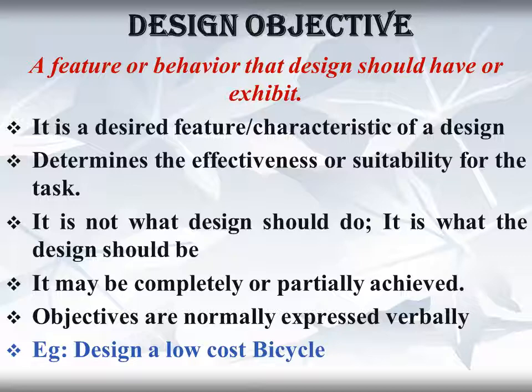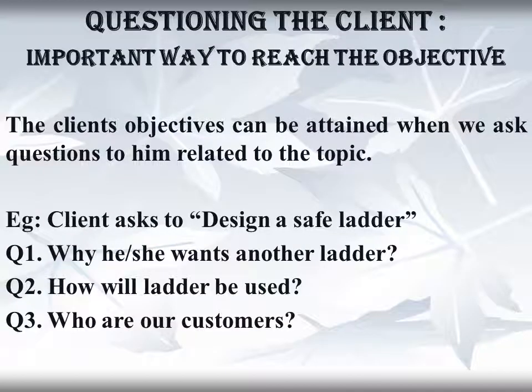Objectives are normally expressed verbally. Example, design a low-cost bicycle. Questioning the client is an important way to reach the objective. The client's objectives can be attained when we ask questions to him related to the topic.